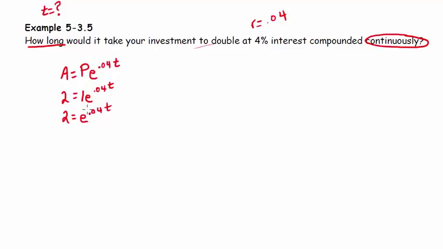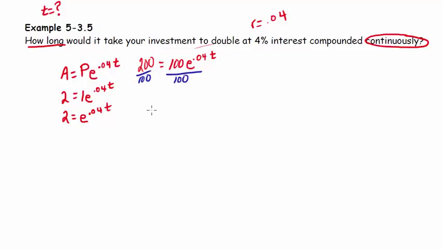Alright, well, let's say I start with $100. So if I started with $100, I would end up with 200 equals 100 e to the 0.04 t. Now, if I was solving this for t, the first thing I need to do is divide both sides by 100.